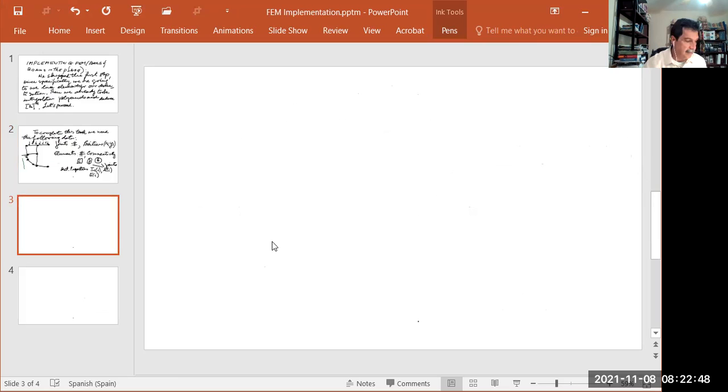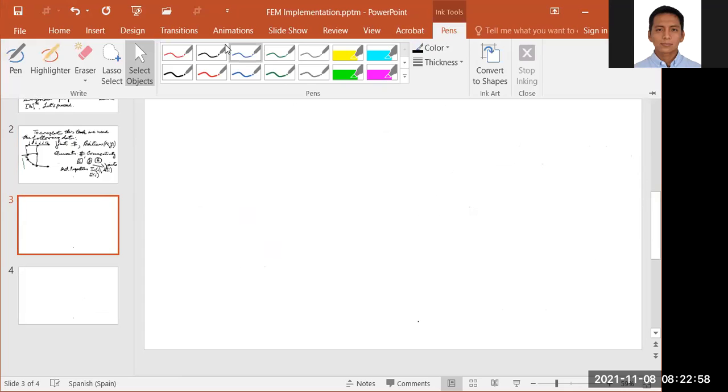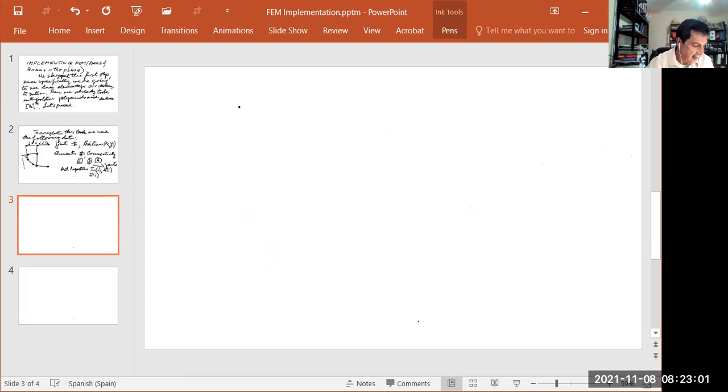What else do we need? People, what else do we need? The external force. Exactly. Let's go now to the external forces. So we need the number of external forces.